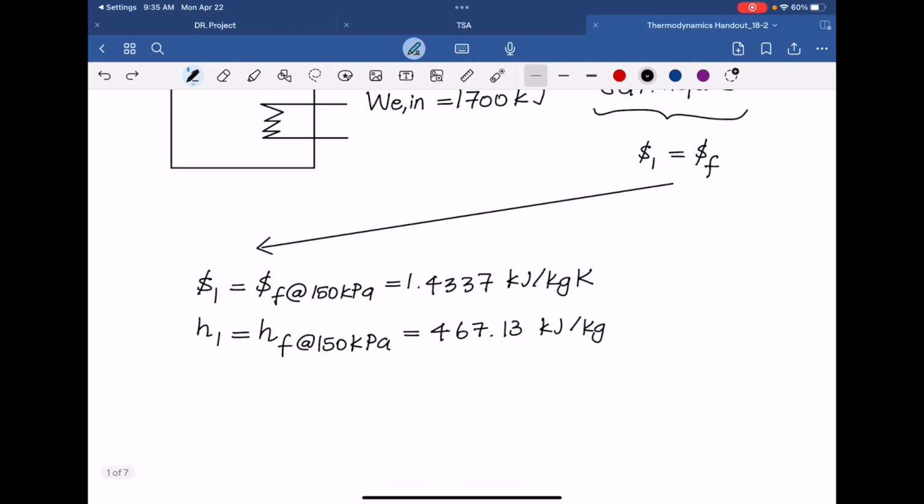And then we will need the specific volume too. Let's write it like this, in a similar way.